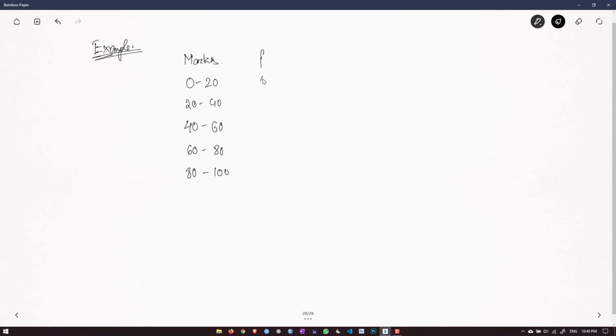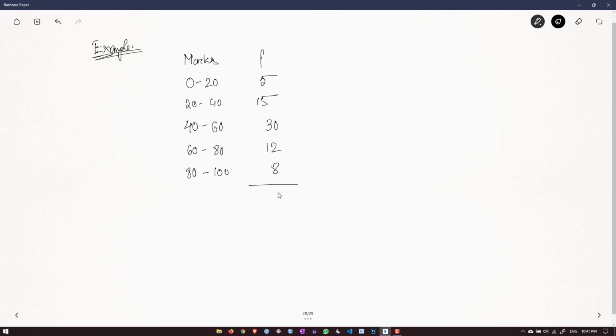So there are 5 students who scored marks between 0 to 20. There are 15 students who scored marks between 20 to 40. There are 30 students who scored marks between 40 to 60. 12 students scored marks between 60 to 80, and 8 students scored marks between 80 to 100.